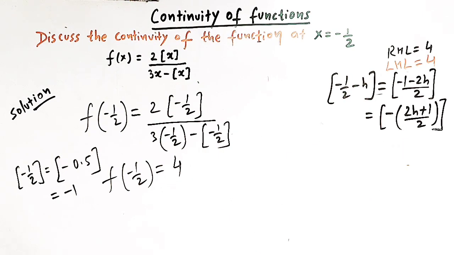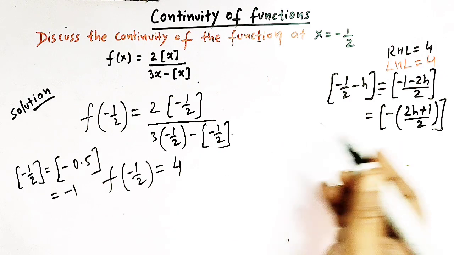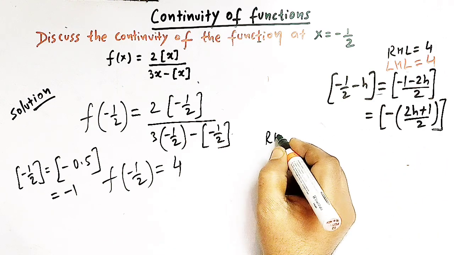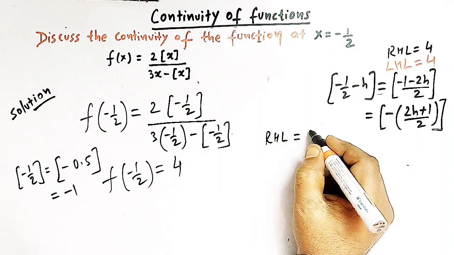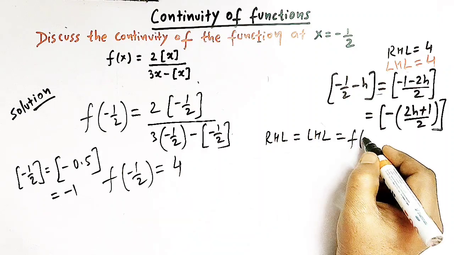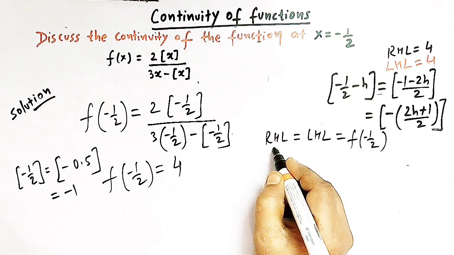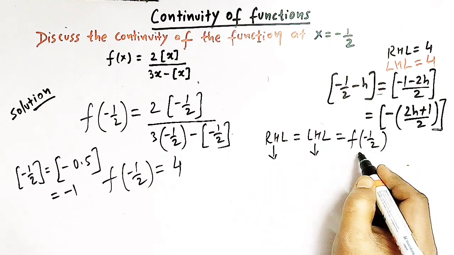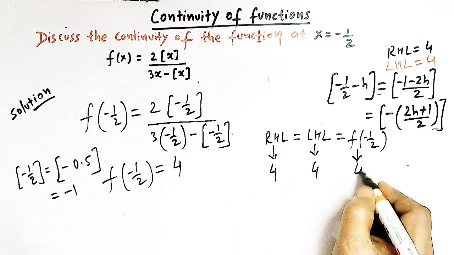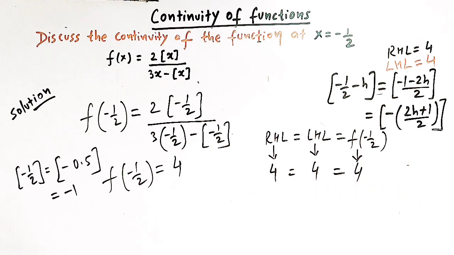So viewers, from this discussion we have arrived at the conclusion that the right hand limit is equal to left hand limit is equal to f of minus half, because the value of these three quantities is equal to 4, right?